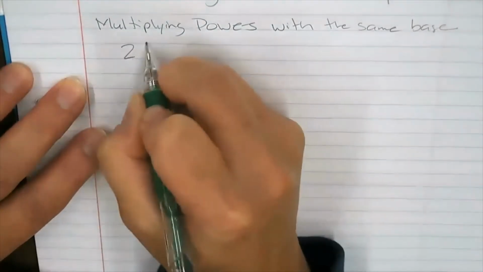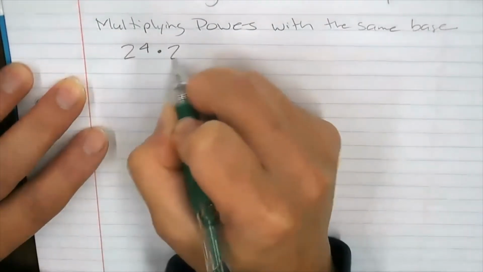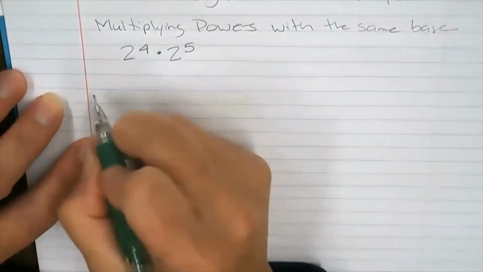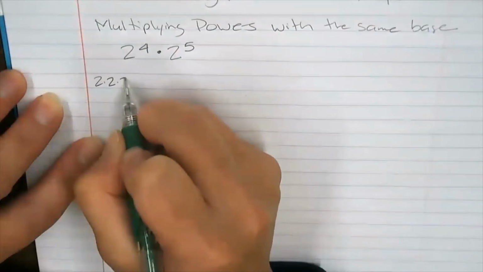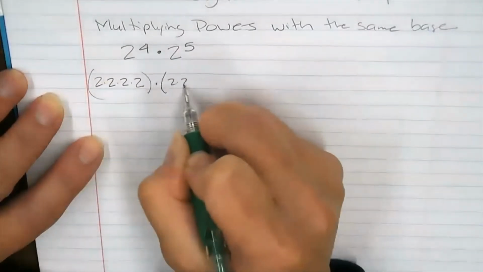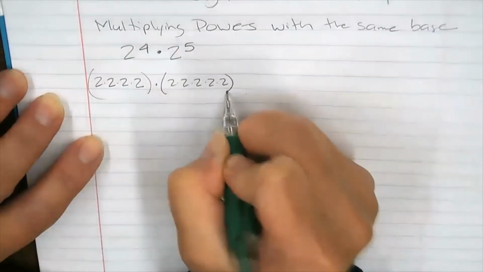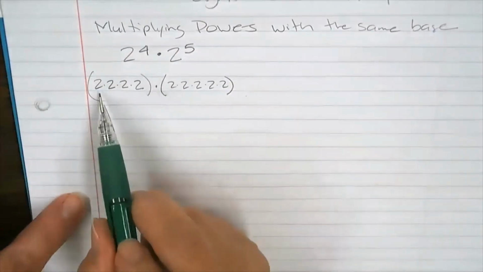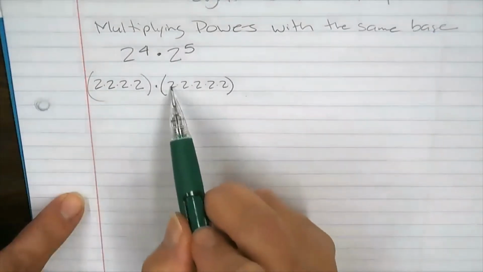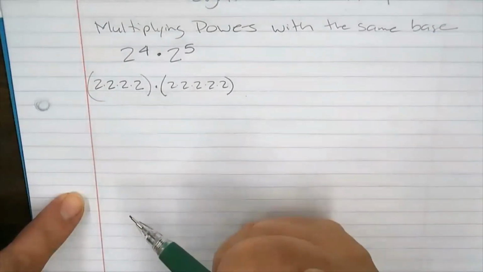So we have 2 to the 4th power times 2 to the 5th power. And what this is telling me is I have 2 times 2 times 2 times 2 times 2 times 2 times 2 times 2 times 2. So 2 to the 4th power, 1, 2, 3, 4, times 2 to the 5th power, 1, 2, 3, 4, 5.